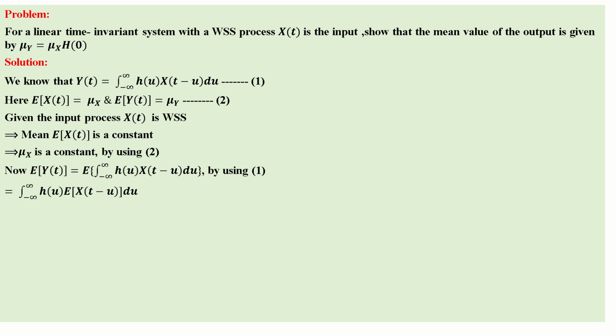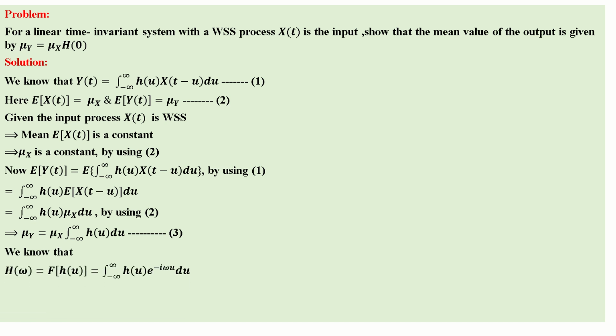That is equal to the integral of h of u expected value of x of t minus u du, which equals the integral of h of u mu x du. Mu x is a constant with respect to the integration. So mu y is equal to mu x into the integral from minus infinity to plus infinity of h of u du. That is equation number 3.